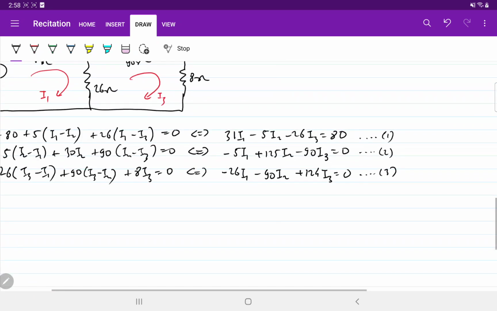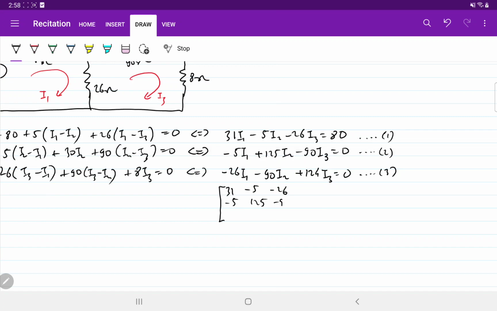Again, I prefer to use a matrix, so let's write in matrix form. 31, minus 5, minus 26; minus 5, 125, minus 90; minus 26, minus 90, 124, times I1, I2, I3 equals 80, 0, 0.